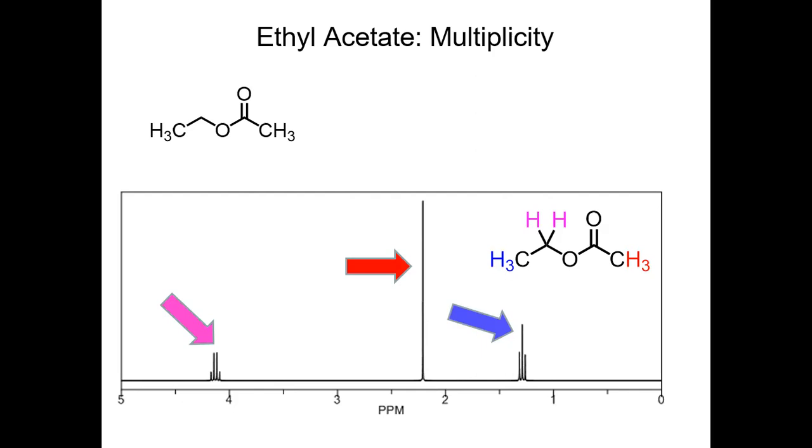So if you have the splitting patterns, the chemical shifts, and the integration, which we're going to talk about in a second, in other words, how many protons each signal represents, with those 3 things and a little bit more spectral data, you can come up with a structure to match the spectrum, right?